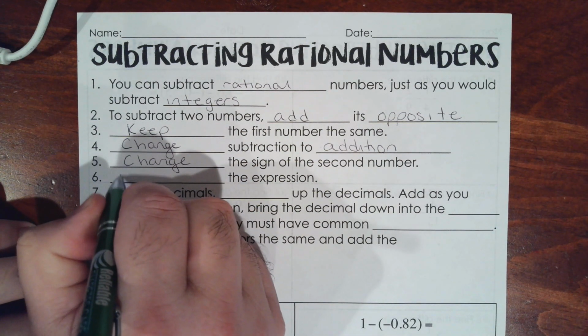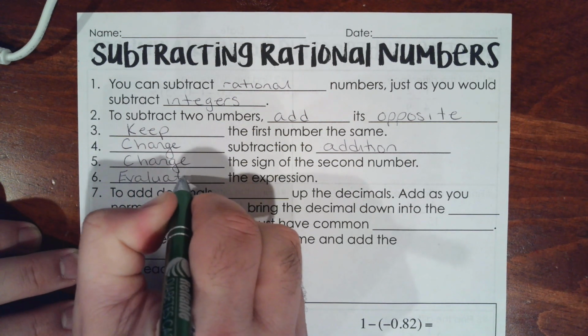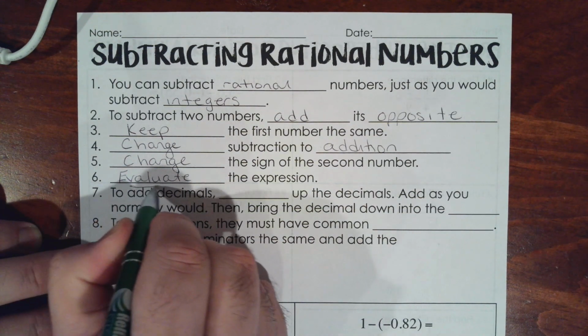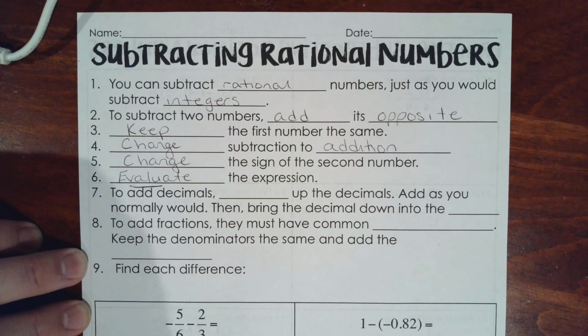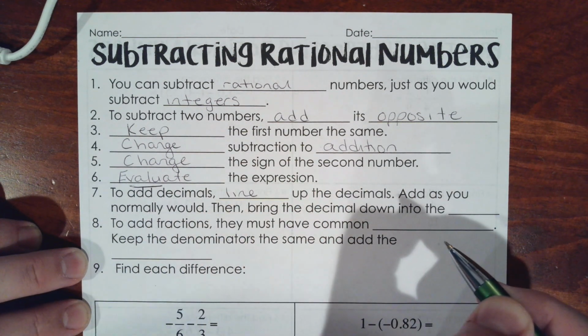Next, what we do is we evaluate the expression. The word evaluate has the word value in it. So when we evaluate, we find the value of the expression. To add decimals, we need to line up the place values or line up the decimal points.